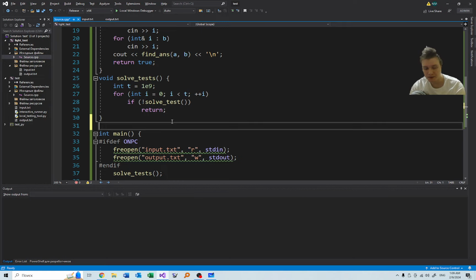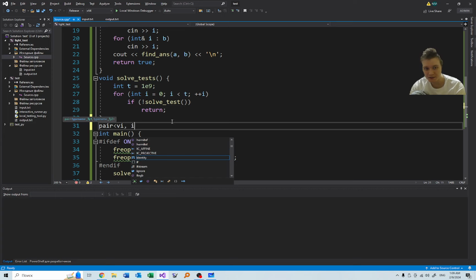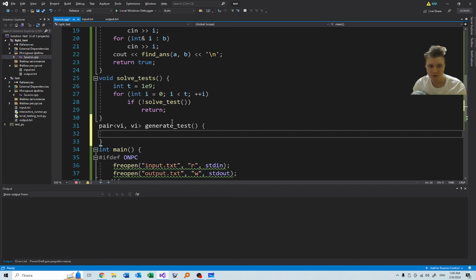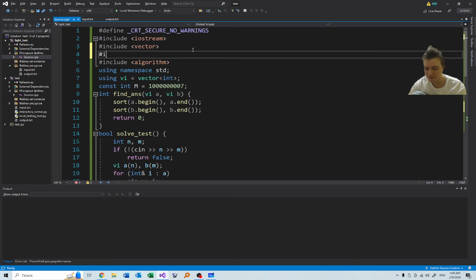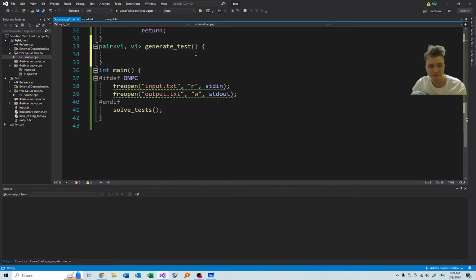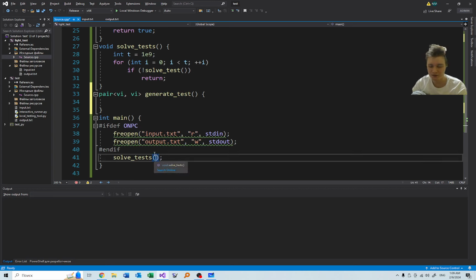So let's start with creating a test, which is pair vi generate test. So we need some randomness. Also, I would like to include Chrono, just in case. And we will surround our solve test with Chrono.